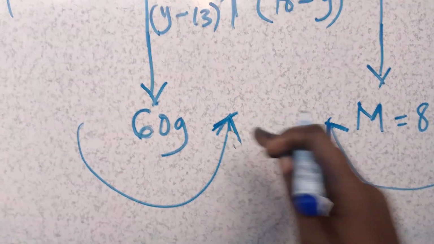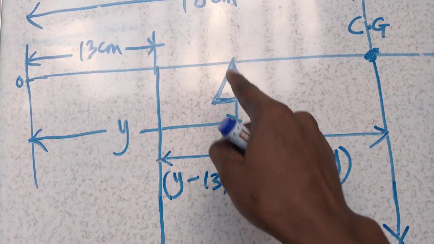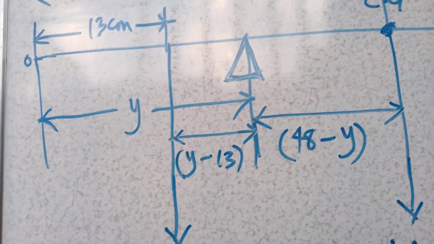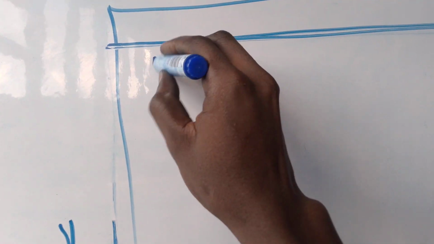Okay, and that will give me, so you take anti-clockwise moment with respect to the pivot and clockwise moment with respect to this pivot.